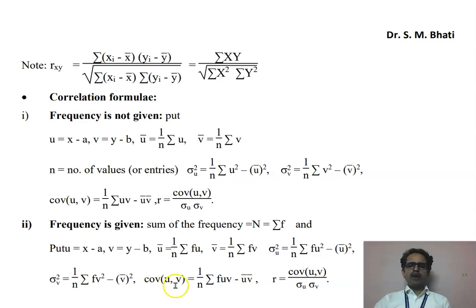Then COV of u comma v, that is, the covariance between u and v, is equal to 1 upon n summation fuv minus u bar into v bar. And the formula for r remains the same, that is, r is equal to COV of u comma v upon sigma u into sigma v.